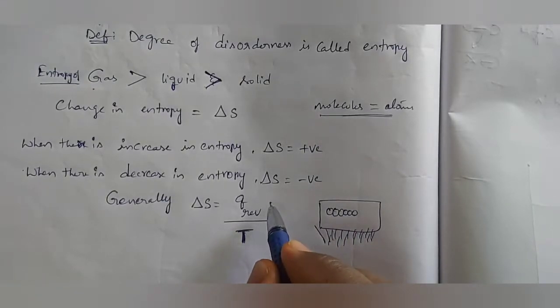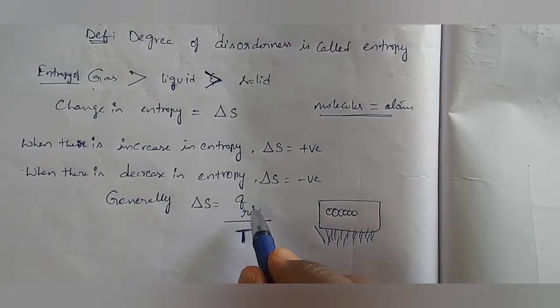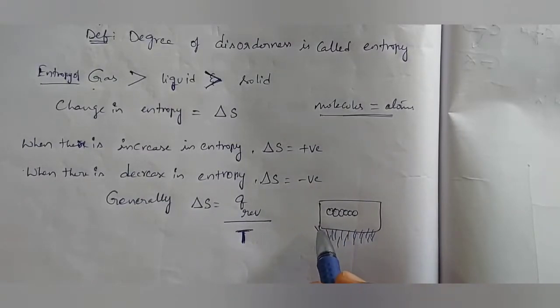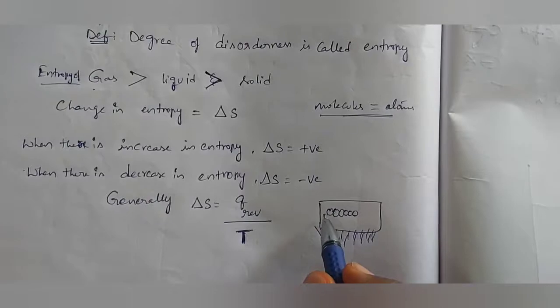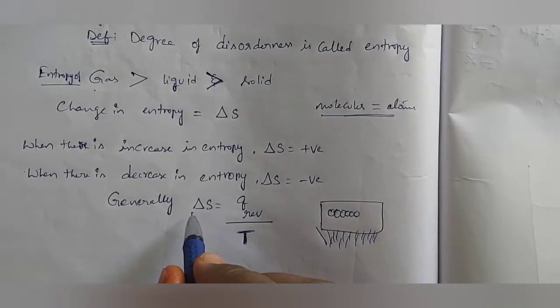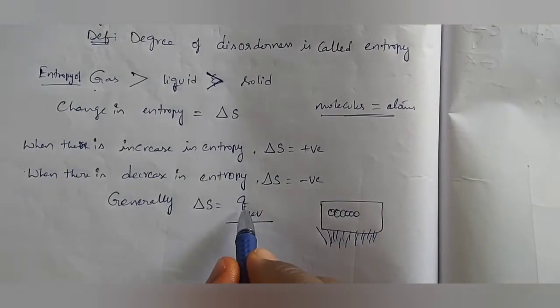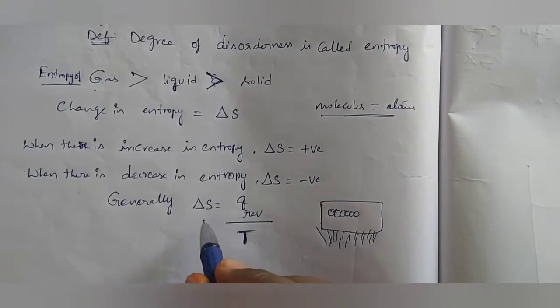So Q is increased, and the distance between the particles increases and their disorderness increases. When there is increase in disorder, delta S is there, the change in entropy. So change in entropy is equal to Q reversible divided by temperature.